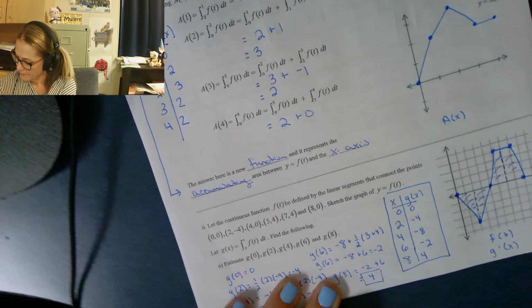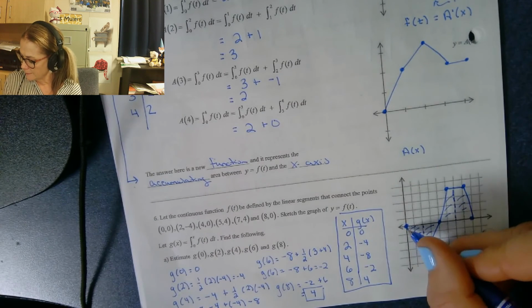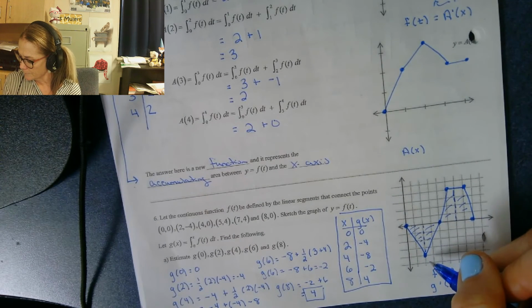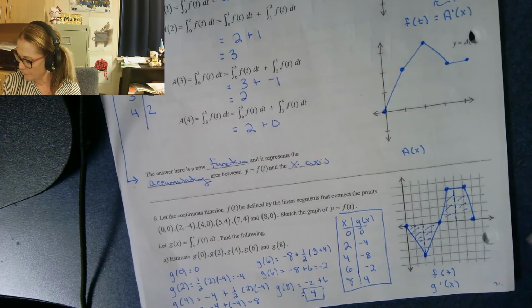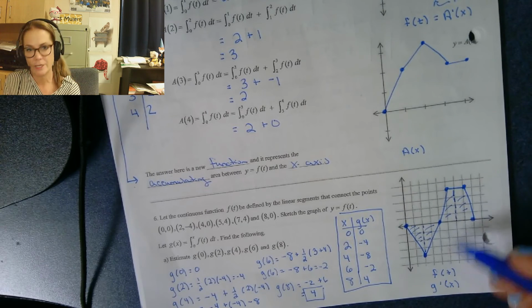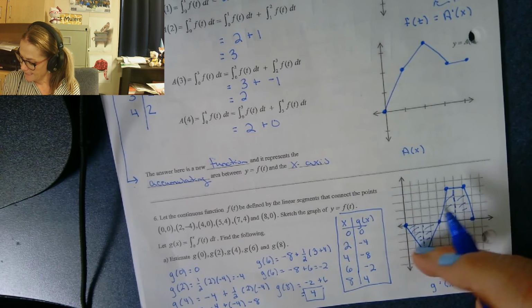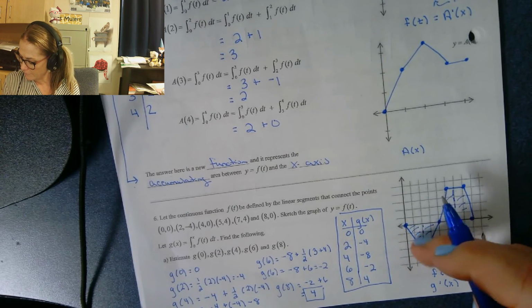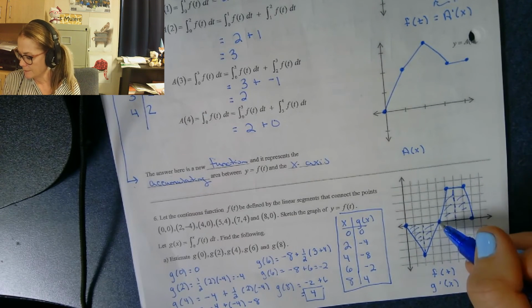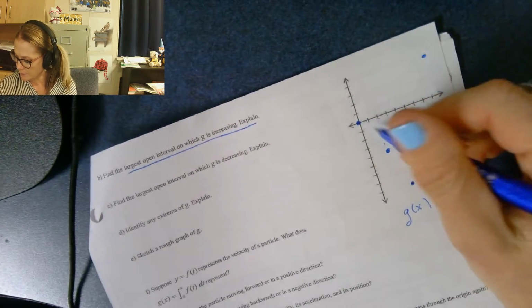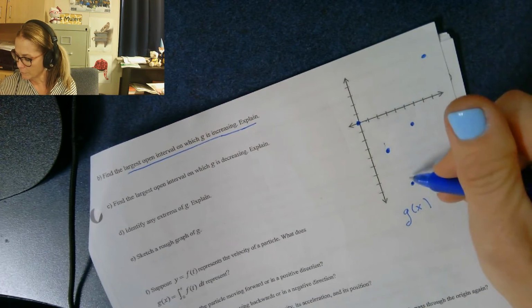Okay. So this is information about the derivative. So this is negative. Okay, this is negative. So it tells me I'm decreasing until 4. Okay, well, by point plotting, yes, we are decreasing until 4. So that's great.